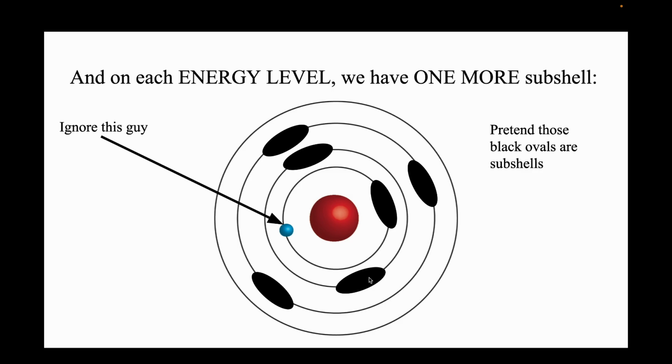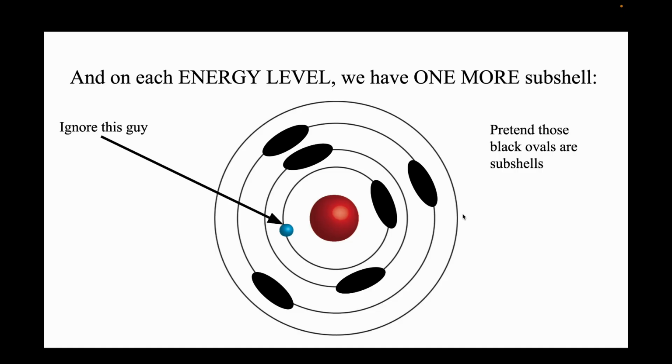So again, the S subshell, 1 orbital, 2 electrons. P subshell, 3 orbitals, 2 electrons each, 6 electrons total. Again, energy level number 3, S subshell, P subshell, D subshell. This has 5 orbitals, 2 electrons each, 10 electrons total. And in the 4th energy level, we will follow the same pattern.